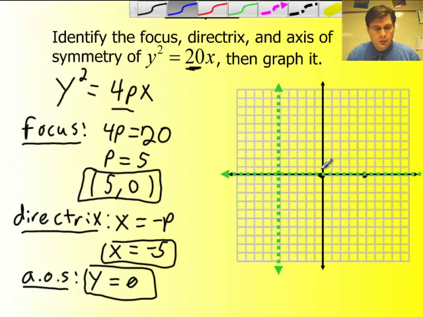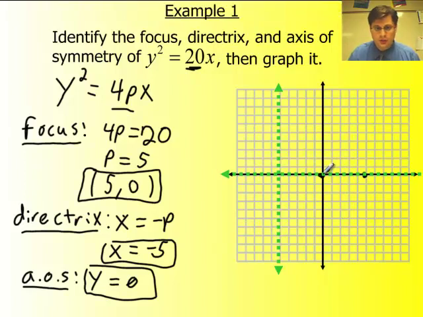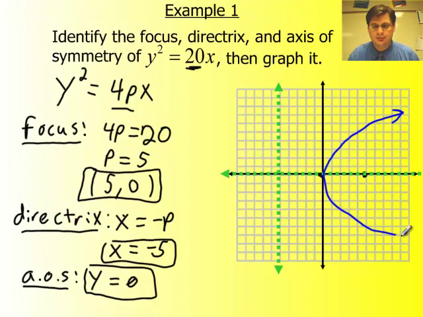So now that I have that, I can go ahead and graph my parabola like so. The parabola opens to the right, going around the focus, goes through the vertex, and opens away from the directrix. And so there you have your parabola.